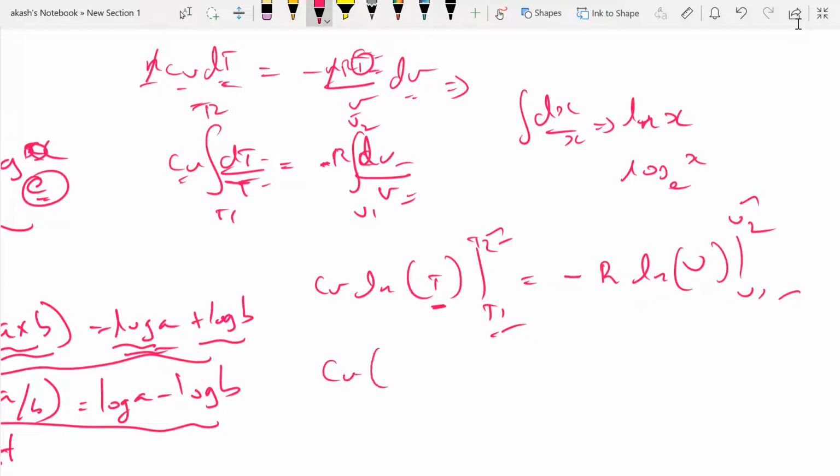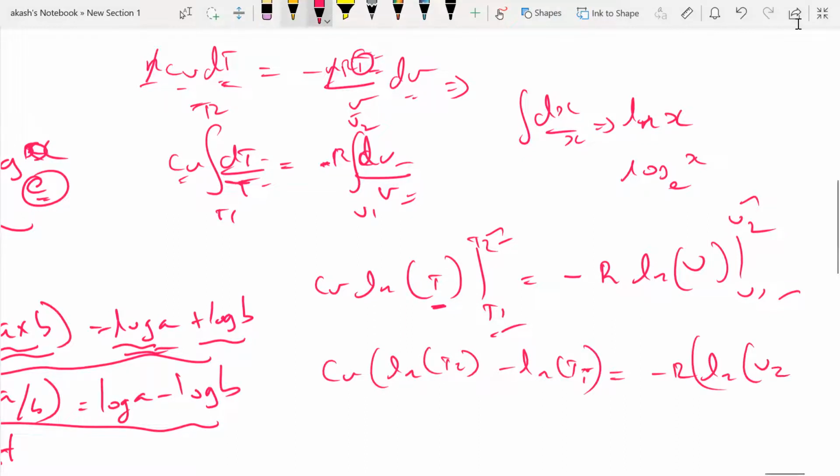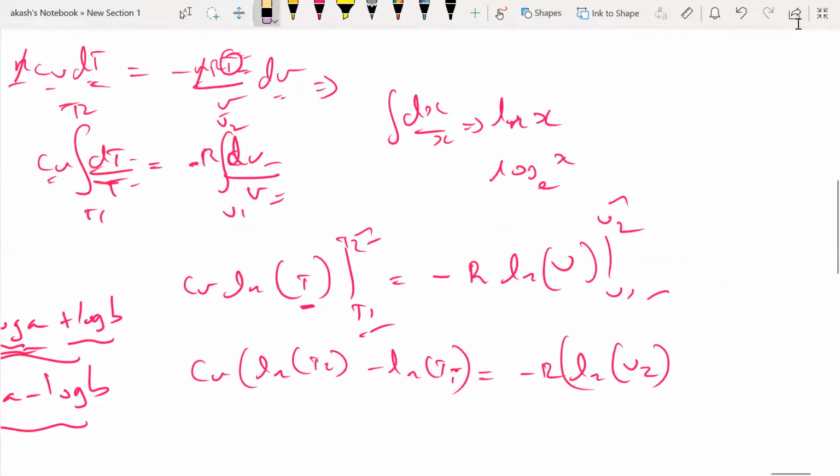Cv into ln T2 minus ln T1 is equal to minus R into ln V2 minus ln V1. No issues, it's upper limit minus lower limit.